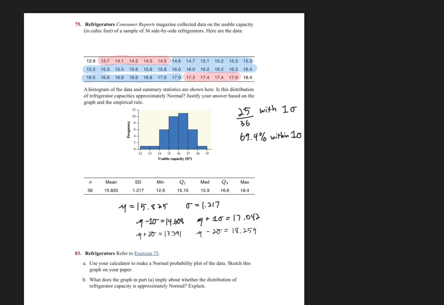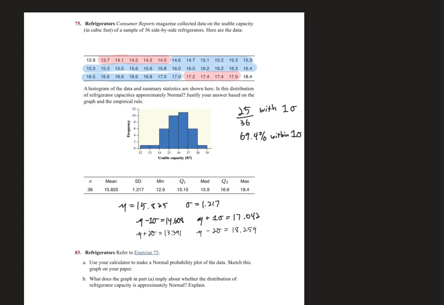If there's 36, that means there's 34 values. So 34 out of the 36, divided by 36, is 94.4%. And that's within 2 standard deviations. The empirical rule says that 95% of the data, so pretty close.